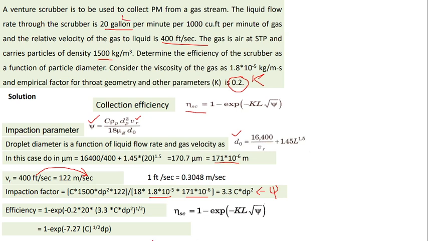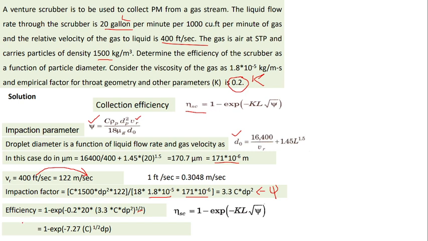This is L. Into square root of psi. The square root is written as power half here. So the psi value obtained is 3.3 C into dP square, right? So the square and the power 1/2 will get cancelled. So dP will be there and C power half will be there. And if we solve these terms, you'll obtain minus 7.27.